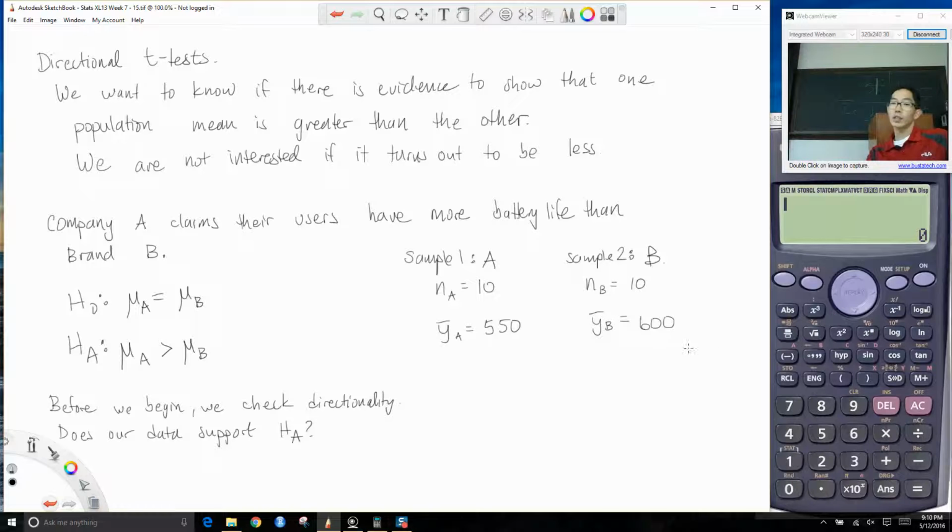If our average of group A was 550 and the average of group B was 600, our data does not support this notion, because if we're trying to support the alternative, we need y bar A to be more than y bar B. We need the battery life of company A to be more than the battery life of company B. That's not the case if this is our data.